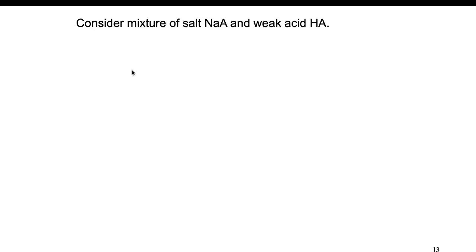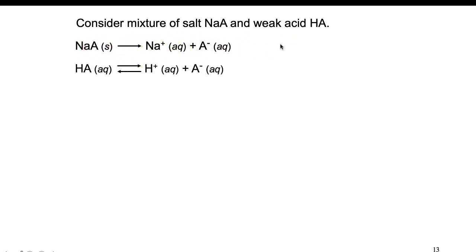Okay. Now let's consider a mixture of a salt, sodium. This could be sodium acetate, but it's sodium with an anion anyway, and a weak acid. So here's the equation for my salt, my sodium, and whatever it is here. Let's call it acetate, dissociating in water. And this is my weak acid.